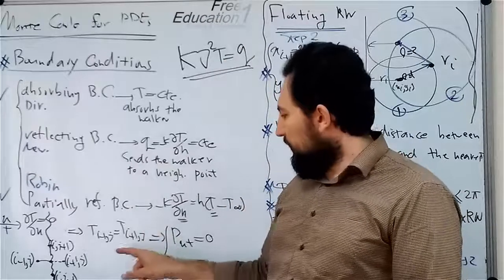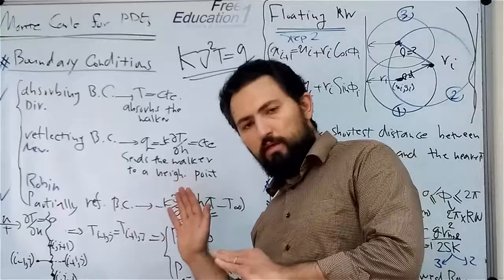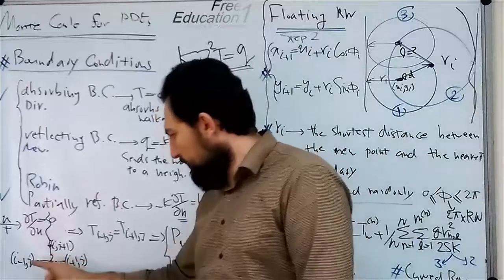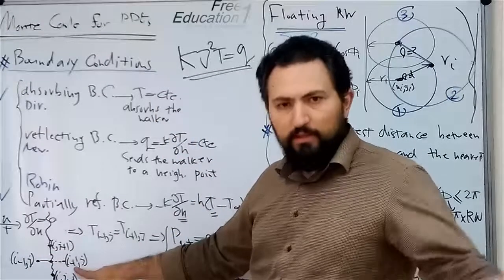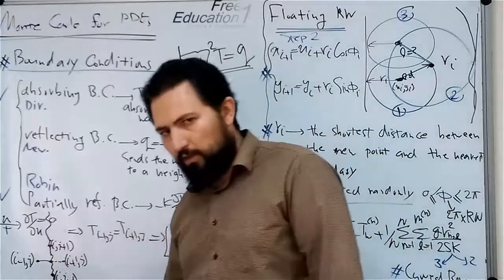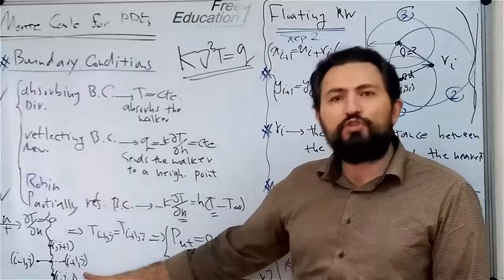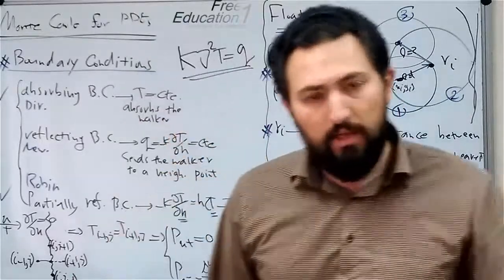It results that the temperature of the right node should be equal to the temperature of the left neighboring node, these 2 points. But as you see, we don't have this point in the real physical system because this is the wall and this is our material. So i+1, j is the virtual node or the ghost node, which will be eliminated in our future relations.